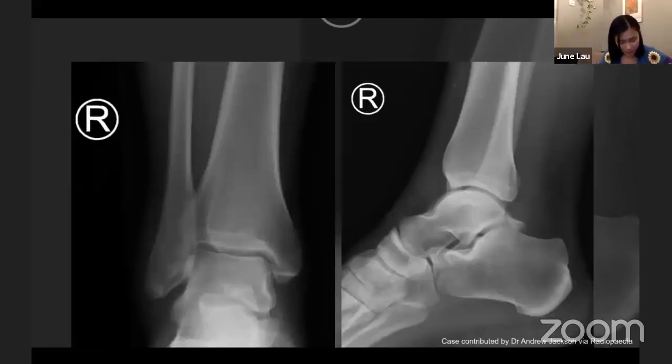And then the next case. Again, this one is quite a subtle fracture, but very important to pick up. Make sure you're looking at your joint spaces very carefully.